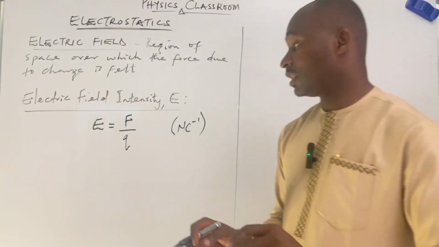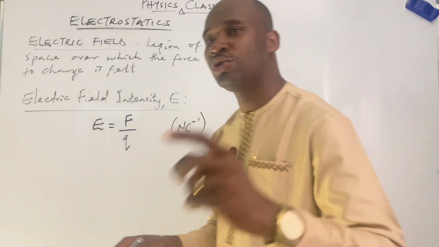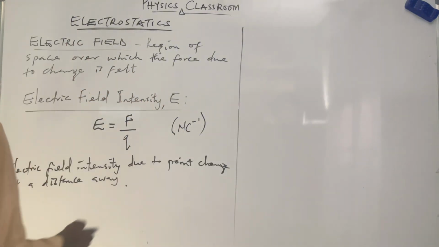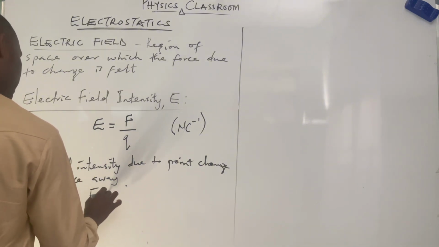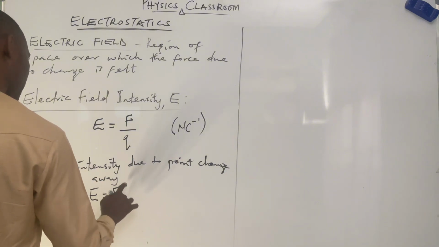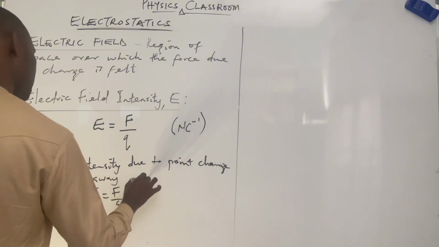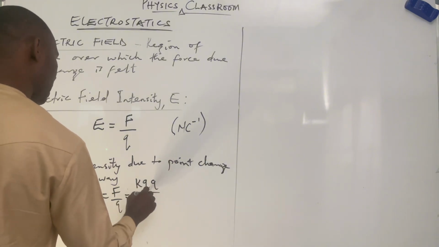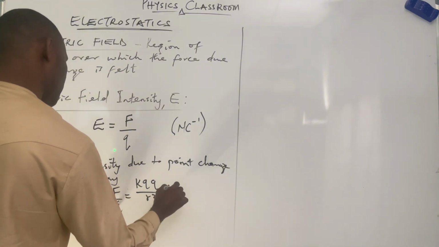Then another thing you need to know is the electric field intensity due to a point charge at a distance. So electric field intensity due to a point charge at a distance away is expressed as this. You know that E is equal to F all over Q, right? And from Coulomb's law, we know our F is equal to K Q1 times Q2. I can just say QQ all over R squared. Now divided by Q at the denominator.